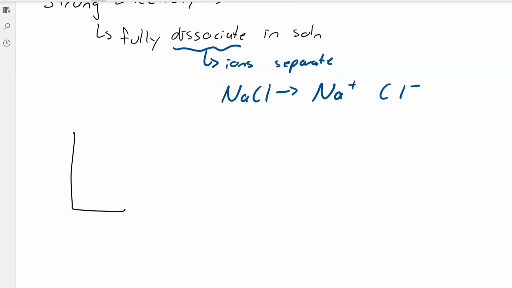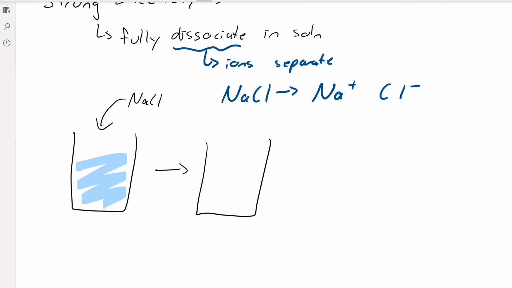So let's just draw a little rudimentary picture of that, right? We've got a cup of water. We're going to toss in some NaCl. It's a terrible arrow. Toss in some NaCl, and what's going to happen is that the NaCl will dissolve. And then what's happening on a molecular level is that there's just ions freely floating around. They're no longer really bonded to one another.